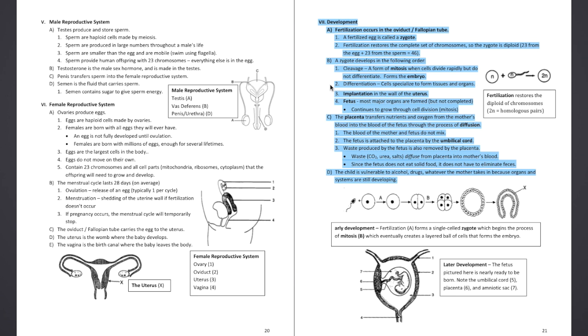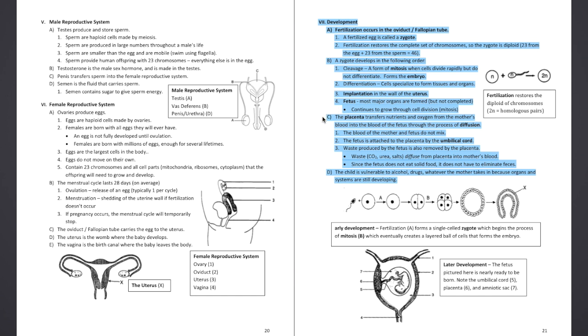Cells specialize to form tissues and organs. 3. Implantation in the wall of the uterus. 4. Fetus. Most major organs are formed, but not completed. Continues to grow through cell division, mitosis.